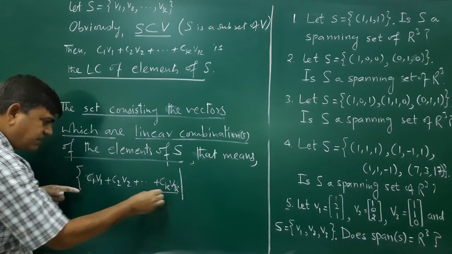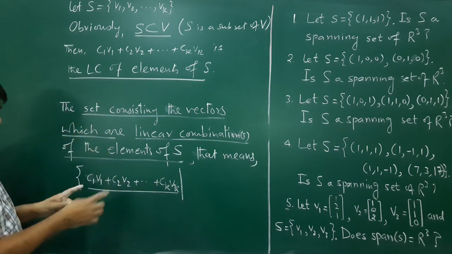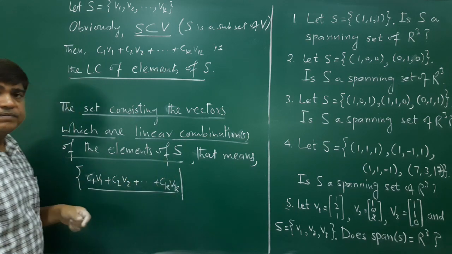Remember, this is a vector which is a linear combination of V1, V2 up to Vk.